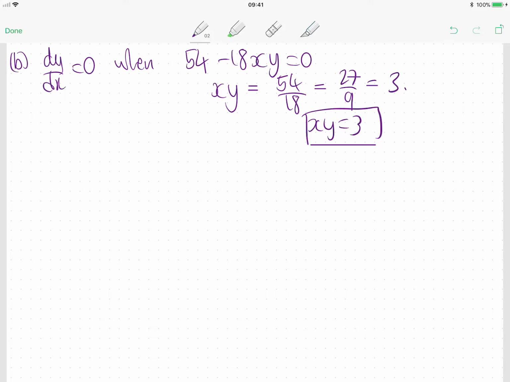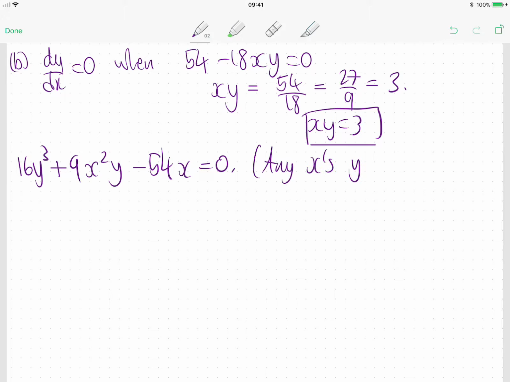We also know for any values of x and y, well, they satisfy the original equation, the implicit equation, for any x's and y's. So what we have is two equations, two unknowns, and hopefully we're able to solve.